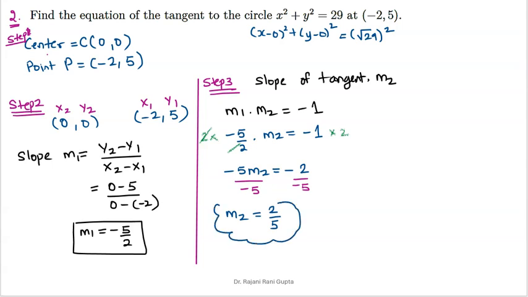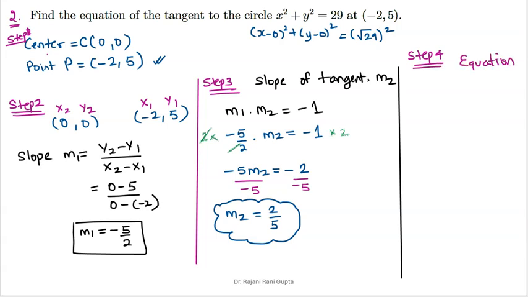Okay, so this is your tangent. Now you have the slope and you have this point. So the equation of the tangent line, that is step 4. Equation of the tangent line with slope 2 over 5 and point P, always the given point, not the center.